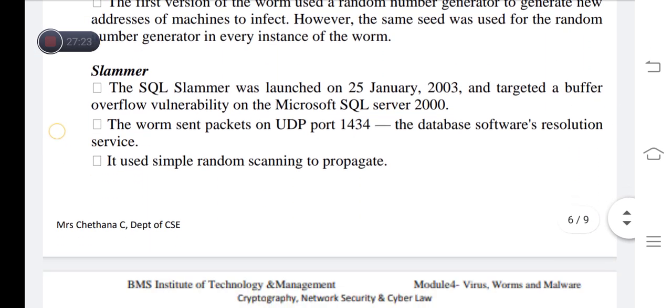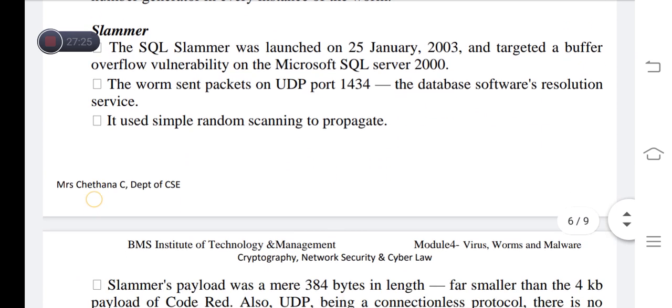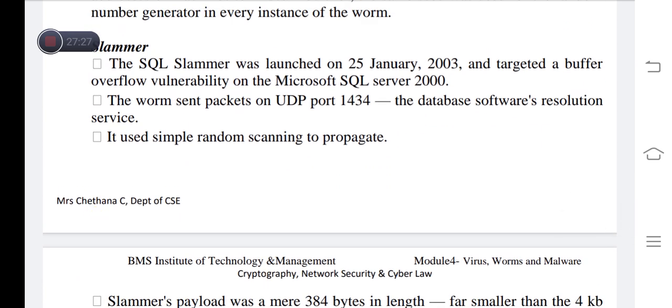Next, Slammer is also very simple, with a few points to discuss. SQL Slammer was launched on 25th January and targeted a buffer overflow vulnerability in Microsoft SQL Server 2003. Basically it sends packets on UDP port 1434, which was used by the database software resolution service.